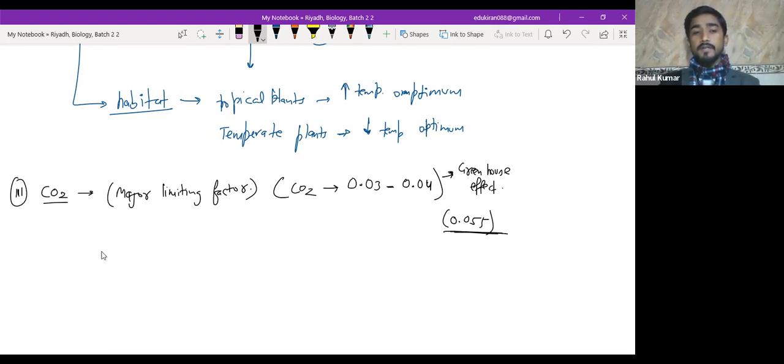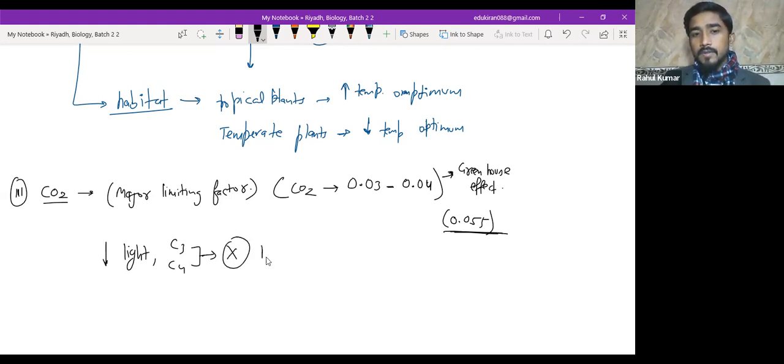Like the effect of CO2 is associated with the light conditions. So at low light conditions, write down, at low light conditions, both C3 and C4 do not respond to high CO2 levels.